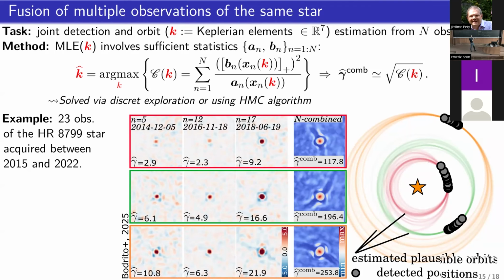And for doing this, we need to combine the terms B and A produced by the previous approach, sampled at the projection of the orbit on the sensor. And we can do this because the terms B and A form sufficient statistics in the sense that they contain all the information, especially about the uncertainties, to be combined a posteriori.